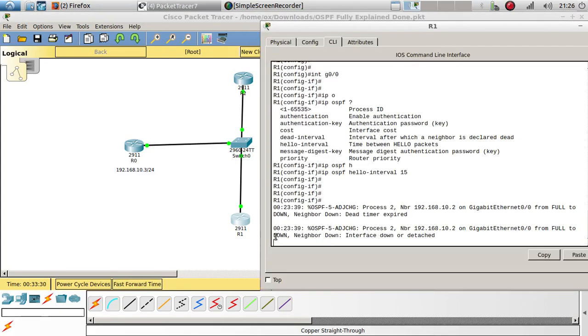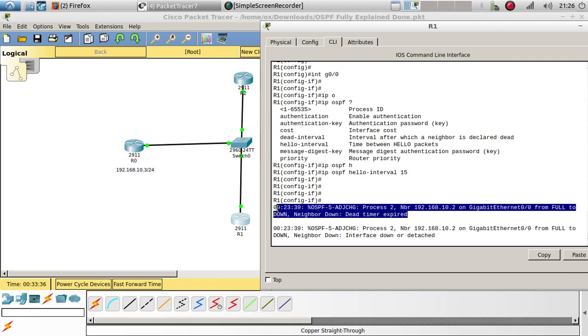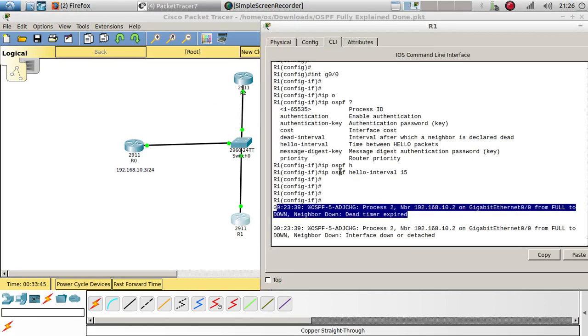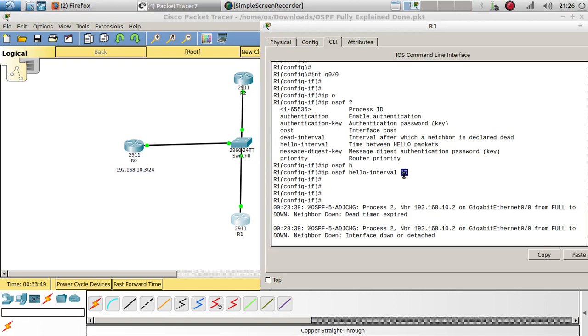As you can see, the neighbor relationship went down because the hello intervals do not match the hello intervals of router 2 and router 0, because on R2 and R0 the hello intervals are equal to 10, and since this one is equal to 15, the neighbor relationship goes down.